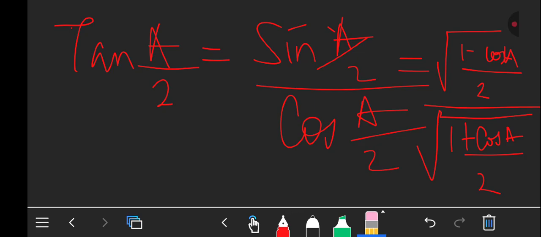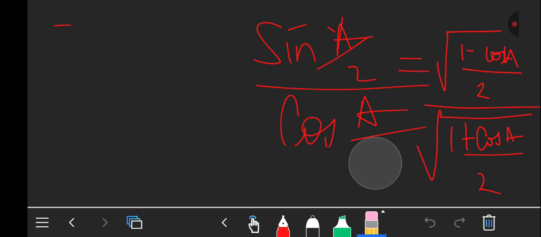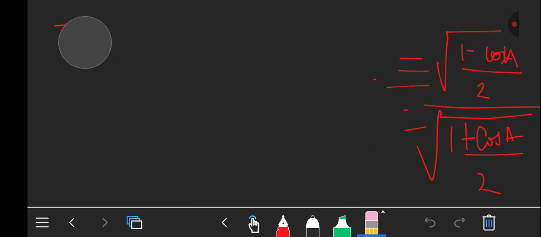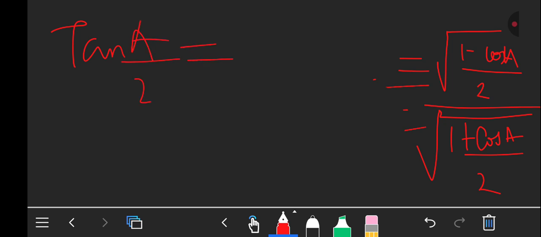Now let's find the half angle for tan. I'll get rid of this, I no longer need it. So tan a over 2 will be equal to, here you can do some algebra. So you can simply say square root of 1 minus cos a over 2.